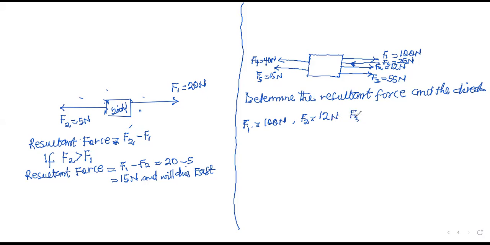F3, 55 Newton. F4, 40. F5, 15. And finally, F6 is 25 Newton. So start: you are to determine the magnitude and direction of the resultant force.